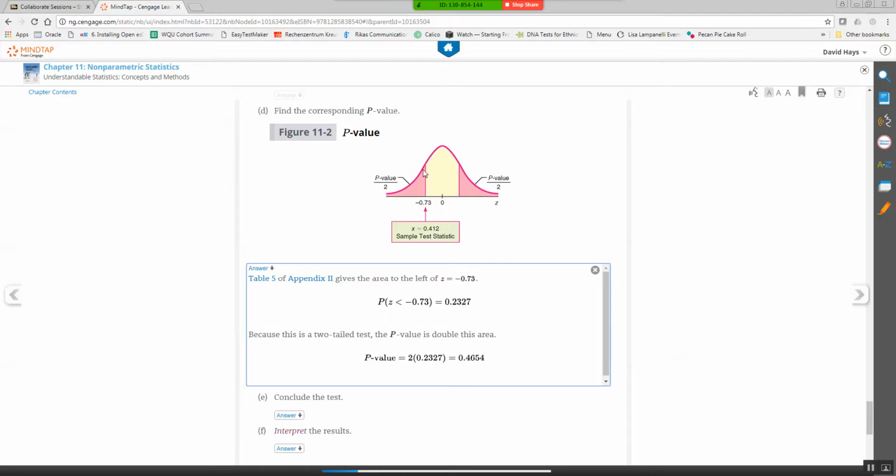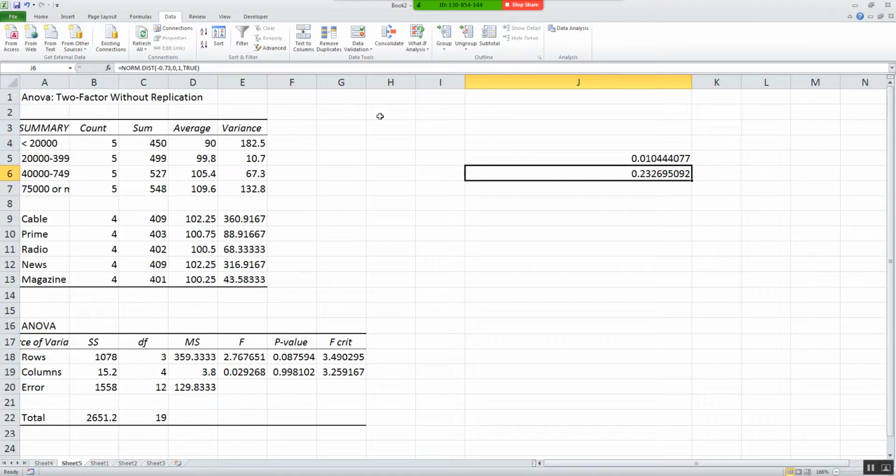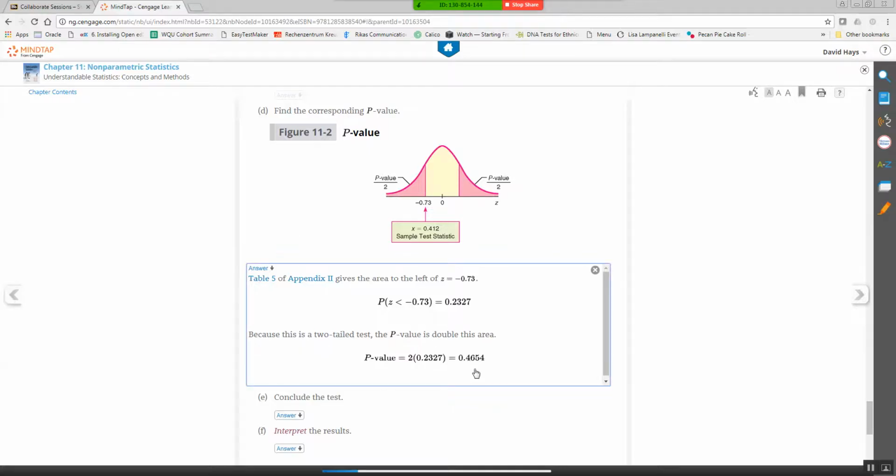But it's giving me just the area to the left where this far left pink is. But I need both, so I had to multiply by 2 since it's symmetric. And so then that would give you your p-value. So some of these procedures in the book, you have to do part of it by hand, but you can use technology to get some of the p-values. So using everything we're seeing up to now in the course, finding a p-value using technology can be done here.